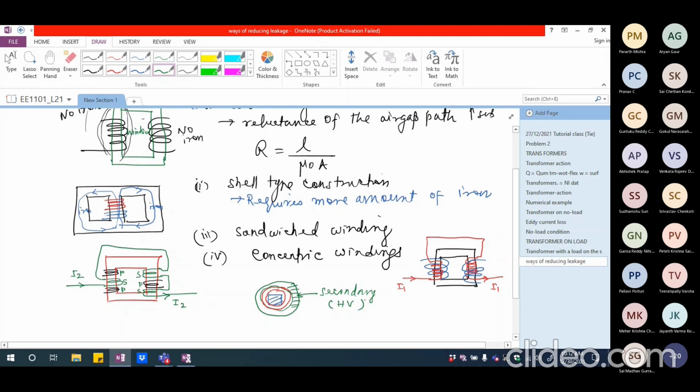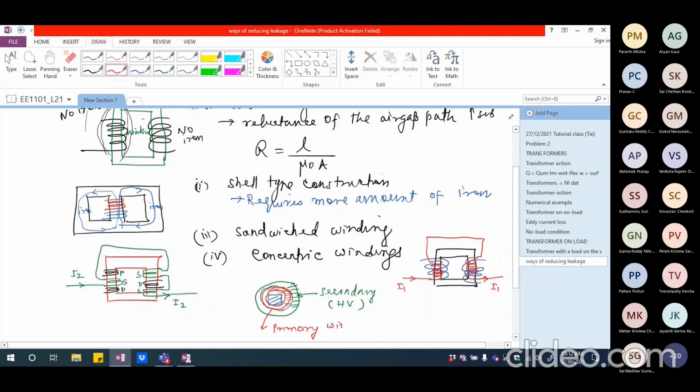I need not say it will be secondary always. It depends upon whether it is step down or step up action. If it is a step up action, the secondary winding is going to be of higher voltage rating. And if it is a step down action, the primary winding is of higher voltage rating. So this is going to be the primary winding. And the primary winding in this particular case, if I assume it is the low voltage winding, is going to be put in the inner circle.